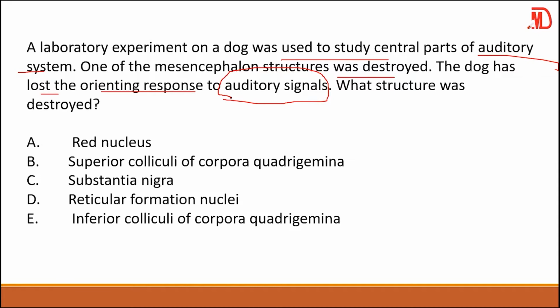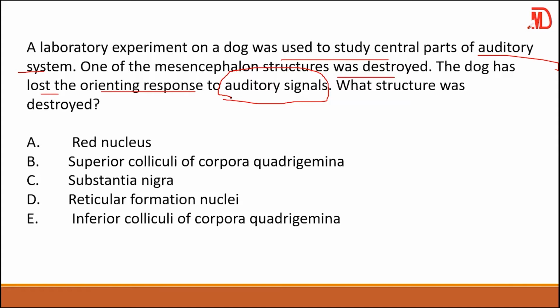Now, inside the brain, around the midbrain area, there is a structure called the corpora quadrigemina, or the quadrigeminal bodies.